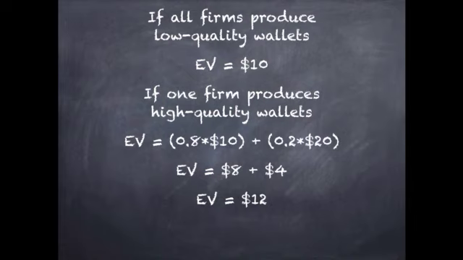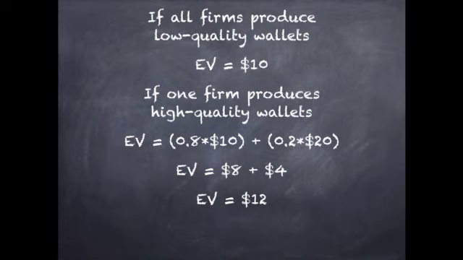Also, realize what happens here is that they are actually benefiting their competitors. Their competitors see the price go up to $12. So firms that were producing low-quality wallets and kept producing low-quality wallets, while the one firm started producing high-quality wallets, see the price go up to $12.